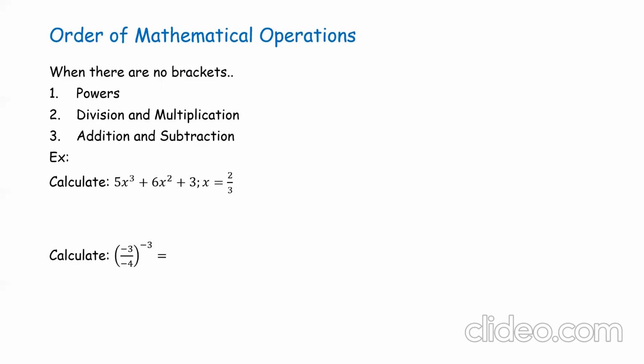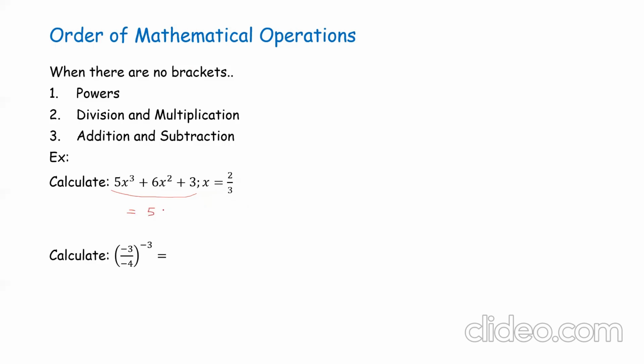So let's take for an example this algebraic phrase we see here, 5x to the power of 3 plus 6x to the power of 2 plus 3, when x equals 2 over 3. So this is equal to, the first step is to substitute x equals 2 over 3 in the place of x.